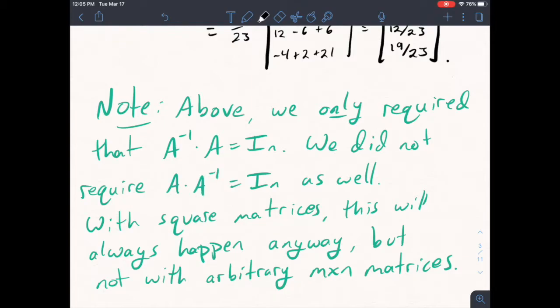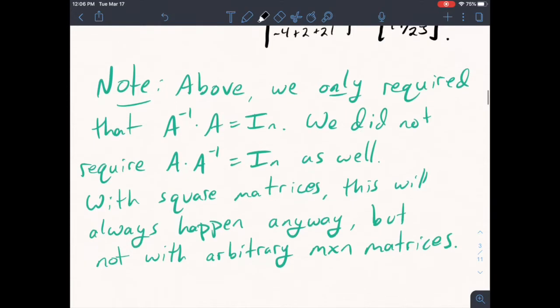I'll give you that definition in a second. But anyway, with square matrices, this will always happen anyway. But if your matrix is not a square matrix, like if you have a 2 by 3 matrix, then your left and right inverses are going to be different notions. In fact, you can only have at most one left or right inverse. Could also have neither.